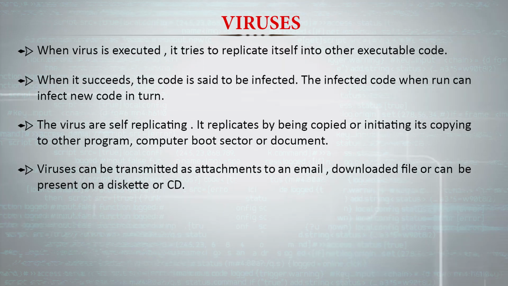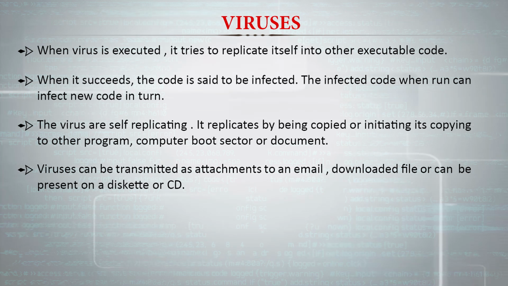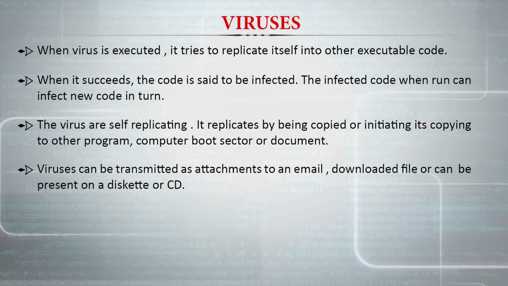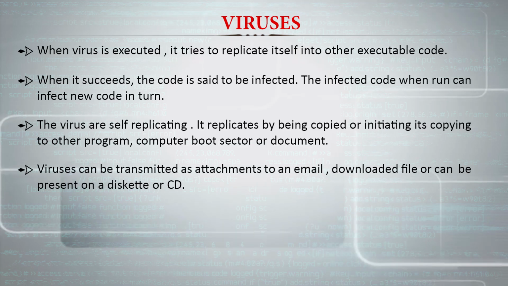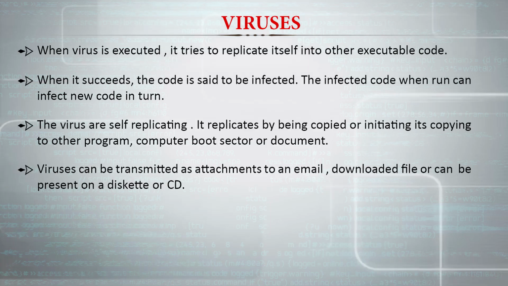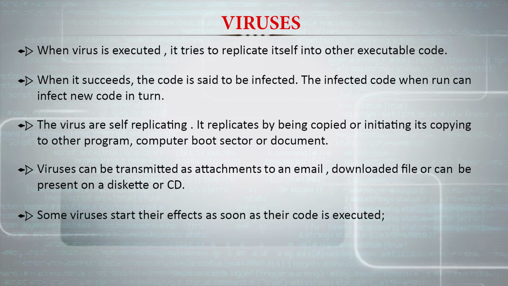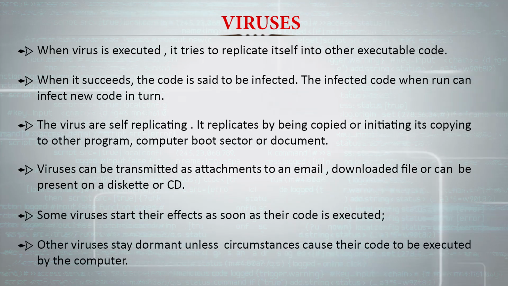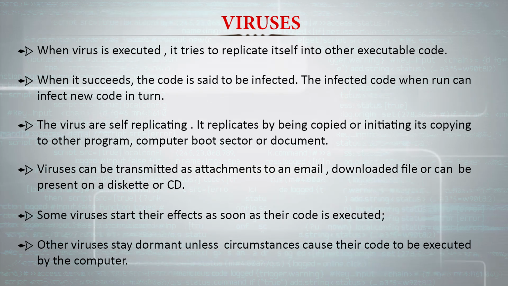When you send an email, the virus can get attached to it, or it can be attached to your file, or it can be present on an infected disk. Some viruses start their effects as soon as their code is executed. Other viruses stay dormant unless circumstances cause their code to be executed by the computer.